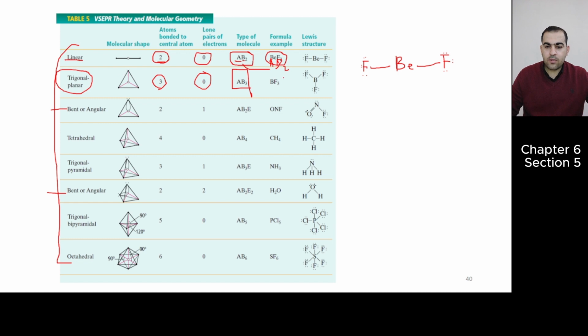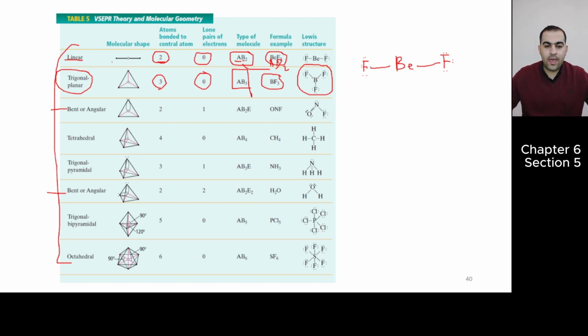So for example, boron trifluoride. Here, look, if we draw the Lewis structure, boron is going to share 3 electrons, isn't it? It's in group 13, so it makes 3 bonds with 3 fluorines. So when 3 atoms bond to the central atom, and the central atom doesn't have any lone pair, it's trigonal planar.